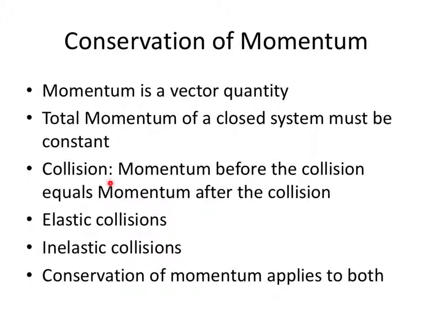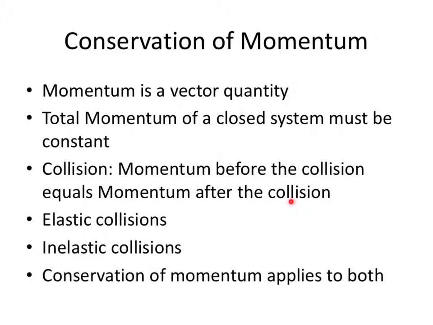So if you have, for example, two spheres approaching each other, the total momentum before the collision must be equal to the total momentum after the collision. That's the conservation of momentum, again, assuming that there are no outside impulses on the objects.